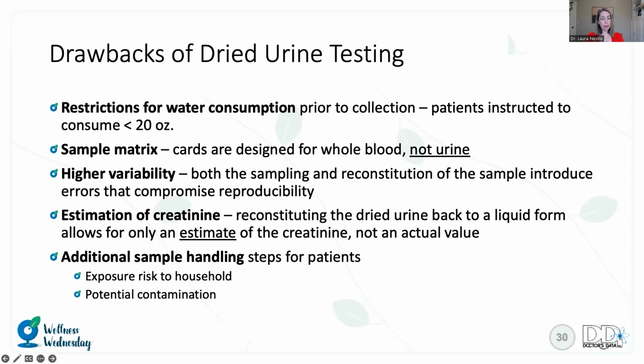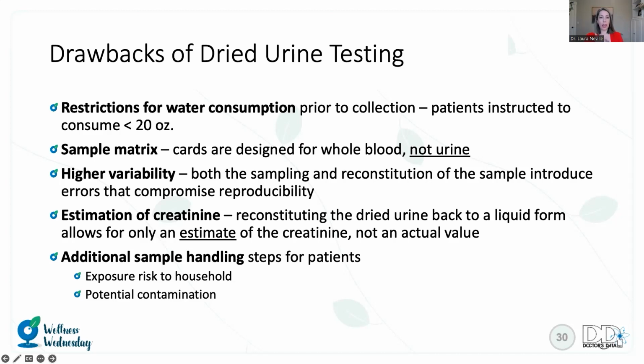So for example, when the dried urine comes to the laboratory, it has to be reconstituted in a liquid form in order for those measurements to be looked at. So there's an estimation of creatinine, and it's an estimation, which is an important thing to remember because that creatinine value is very important to know the viscosity or the density of that urine.